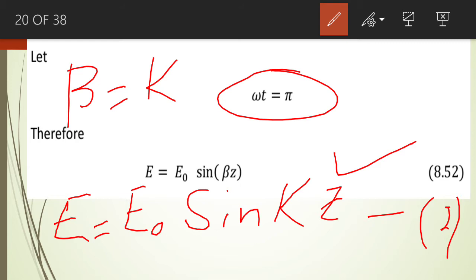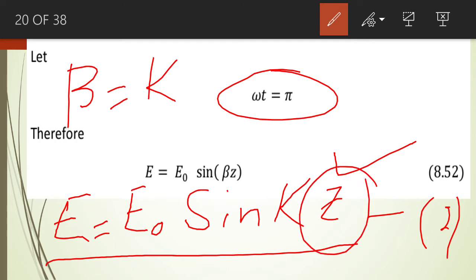So if we focus on equation number 2, the magnitude of the electric field intensity varies sinusoidally with respect to distance as well. If we plot the magnitude of the electric field intensity with respect to distance, we will get a sine waveform.